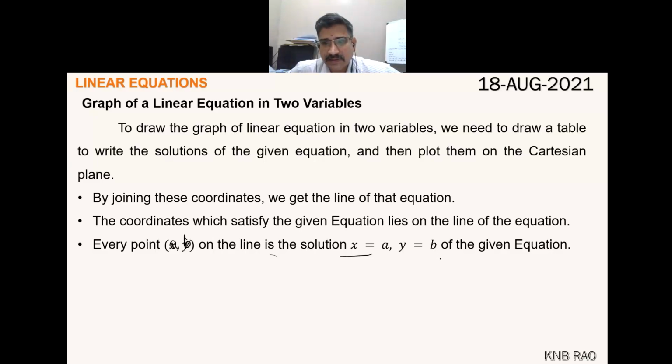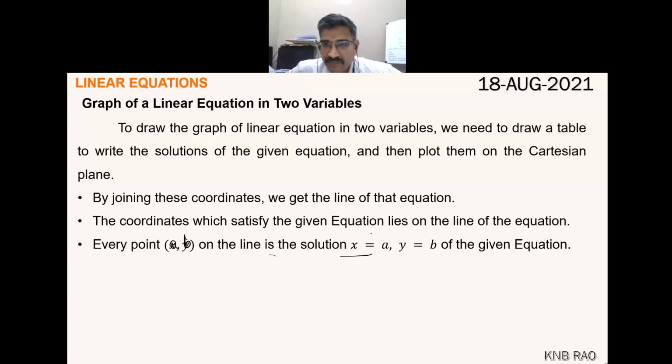Sir, I did not understand that third point. This third pointer: the coordinates which satisfy the given equation lie on the line of that equation. So far you understood finding solutions. You found the solutions, and those solutions will lie on the equation because they satisfy the given equation.